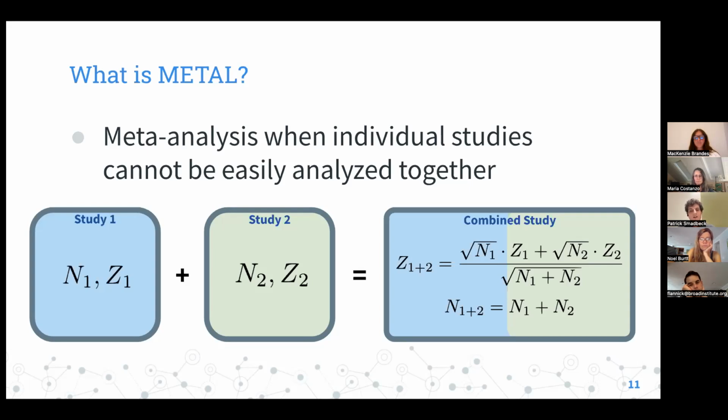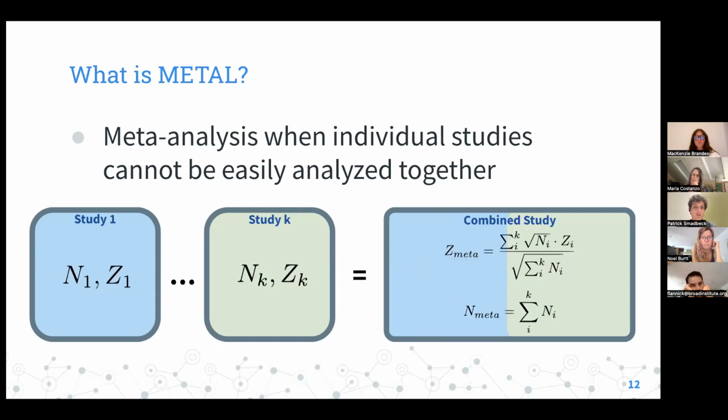So the effective sample size will just be the linear combination of the two sample sizes, and the z-score will be scaled by the square root of those sample sizes to form a new meta z-score. And you can do that for as many studies as you want. You can do it in sequence, so no matter what order it is, you end up with the same meta-analysis z-score. From there, you can back out the p-value again. The effective sample size then is just the sum of all the individual sample sizes.